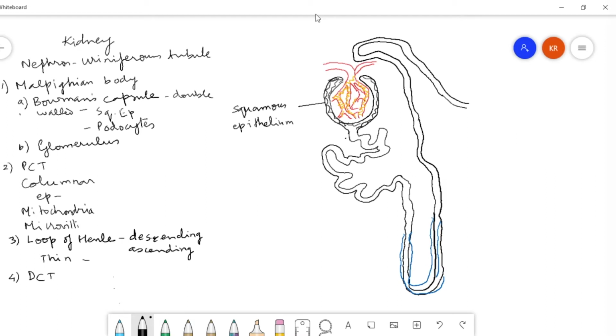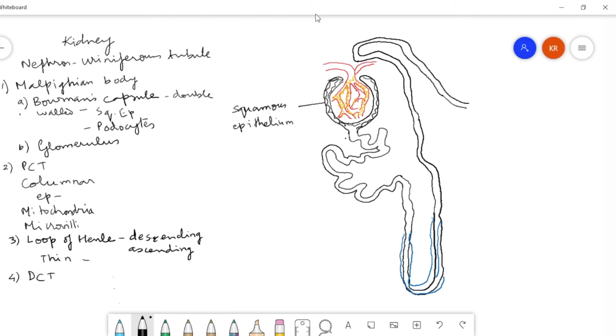After some distance, after coiling around, then it comes close to it. Even if it didn't come close to it, it is the distal part, and therefore this is called the distal convoluted tubule, the DCT. And you can see that it is coming very close to this. This has got a functional significance. It's very important in regulating blood pressure, but that we are not going to discuss now.